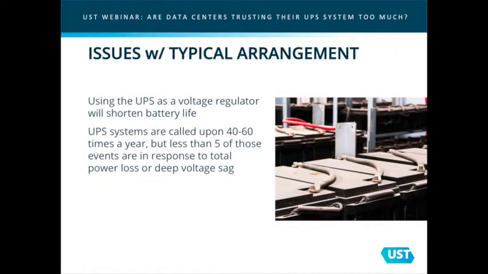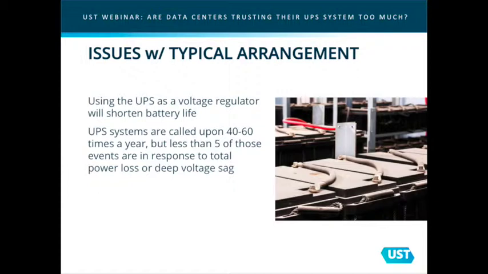We know, based on statistics and research that we've looked at quite thoroughly, that any given site, even in the U.S., is going to experience 40 to 60 electrical events per year. But only 5 or less of those events are actually outages or a very deep voltage sag.